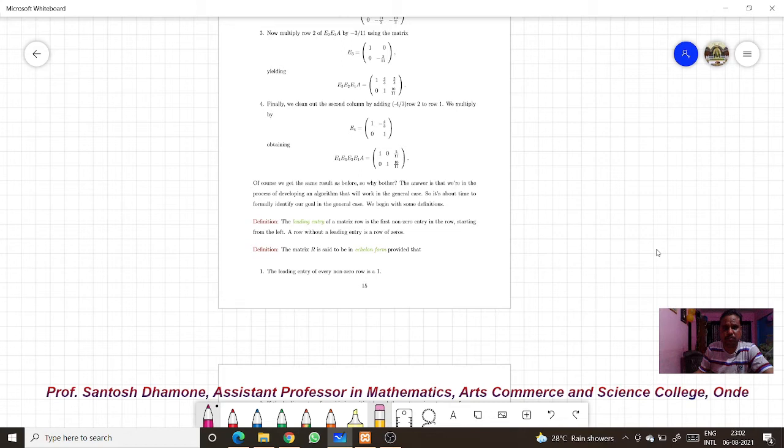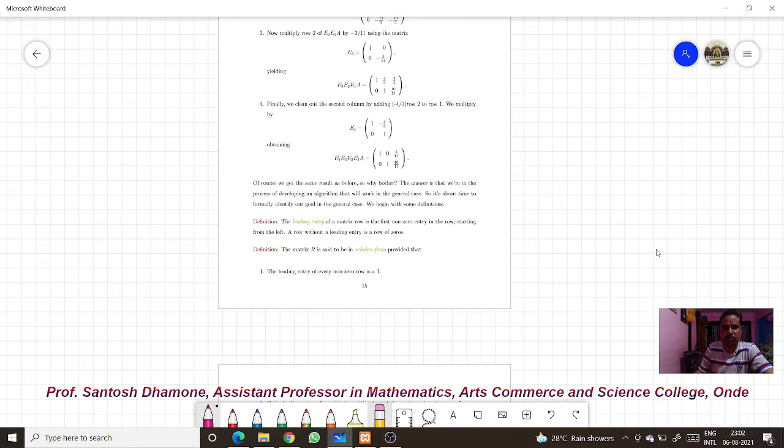For this, we multiply by E3, which is the matrix 1 0 0 minus 3 by 11. Then E3 E2 E1 A is 1 4 by 3 5 by 3. First row is as it is because we cannot perform any operation on row 1. We take the operation only for row 2: the second row is 0 1 and 10 upon 11. This is the matrix E3 E2 E1 A.